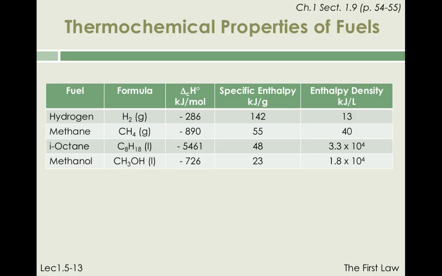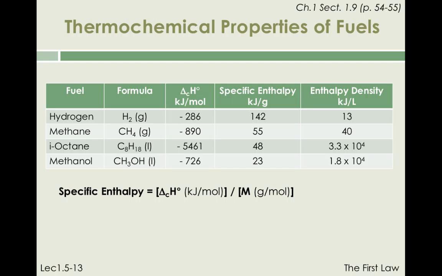We can also compare the efficiency of different fuels by comparing the heat of combustion per gram of substance. To do so, we define the specific enthalpy as the ratio of the standard combustion enthalpy to the molar mass of the fuel.